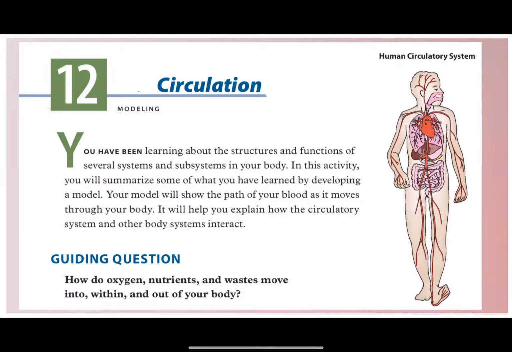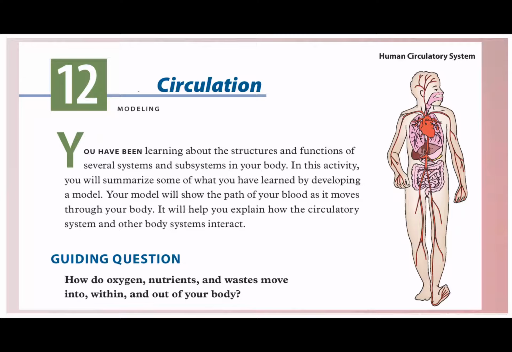And then your assignment for today is going to be modeling circulation. So we've been talking about the structures and the functions of the respiratory system, the circulatory system. So in this activity, you're going to put together some of what you've learned by looking at a model.